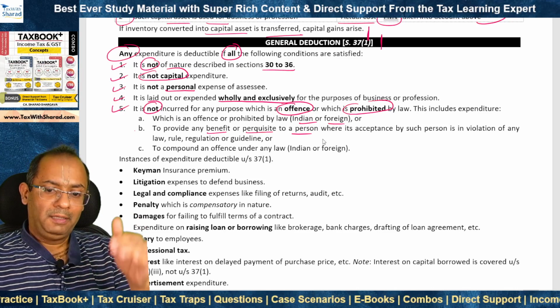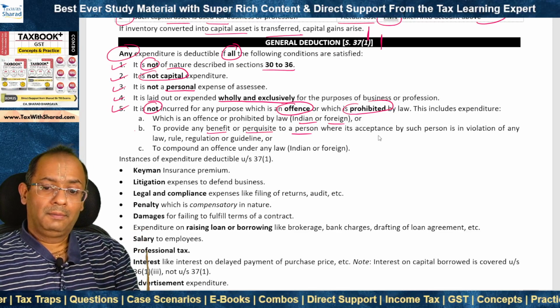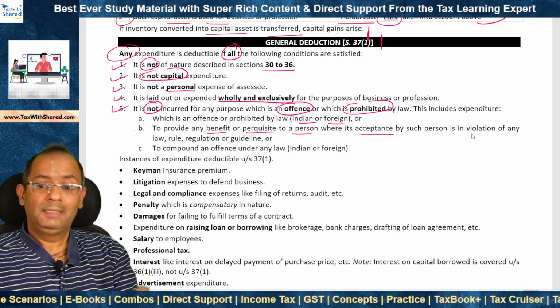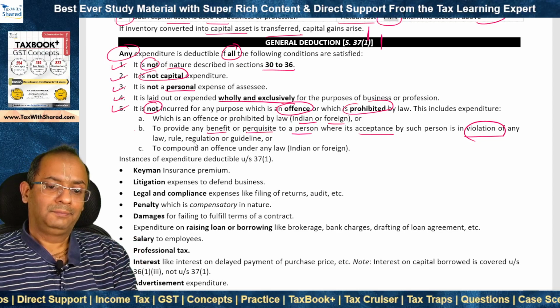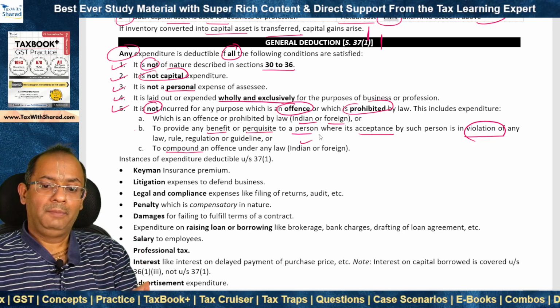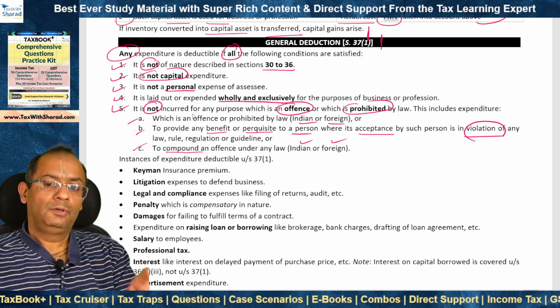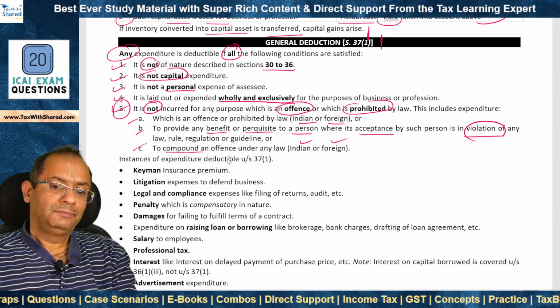So the assessee incurs expenditure to provide a benefit or perquisite to a person, but where the person is accepting such benefit or perquisite, that acceptance is in violation of any law, rule, regulation, or guideline. And thirdly, to compound an offense under any law, whether it be Indian law or foreign law, compounding fees. So A, B, C are also not allowed as a deduction. They are included in condition 5.